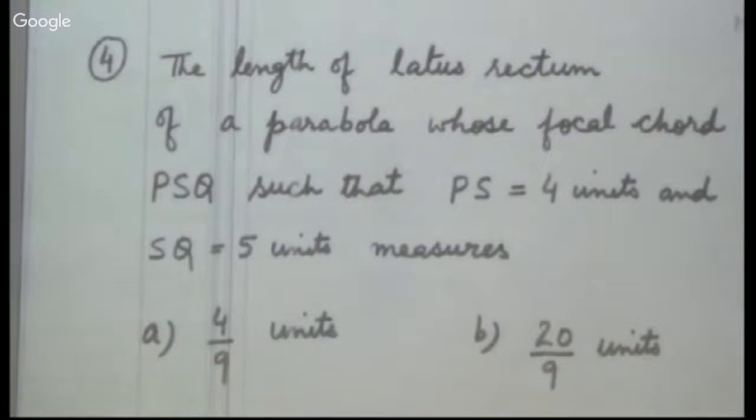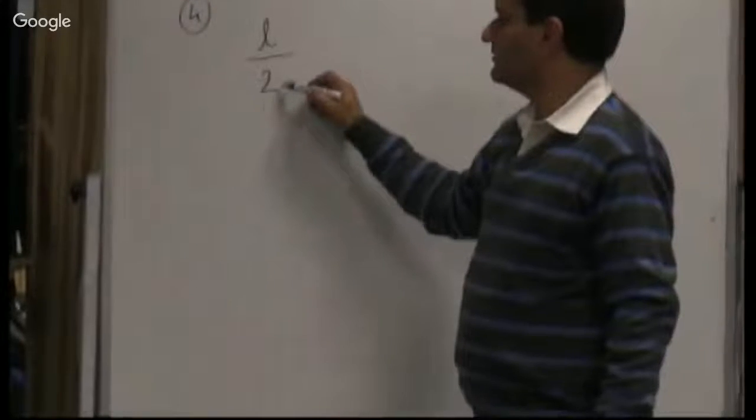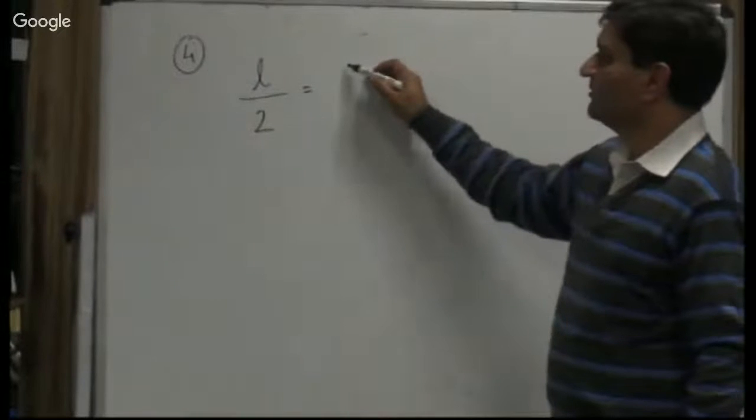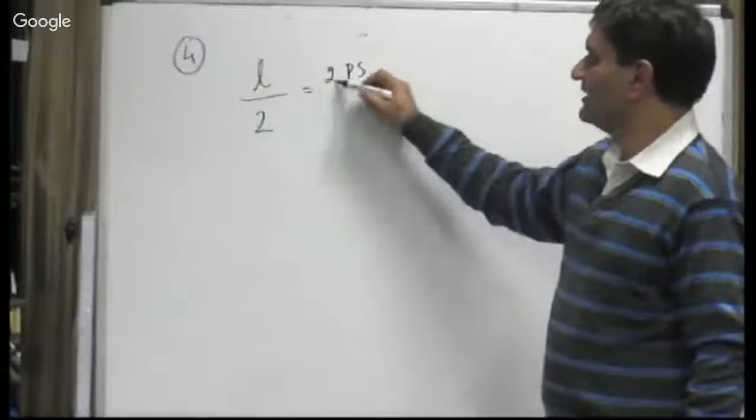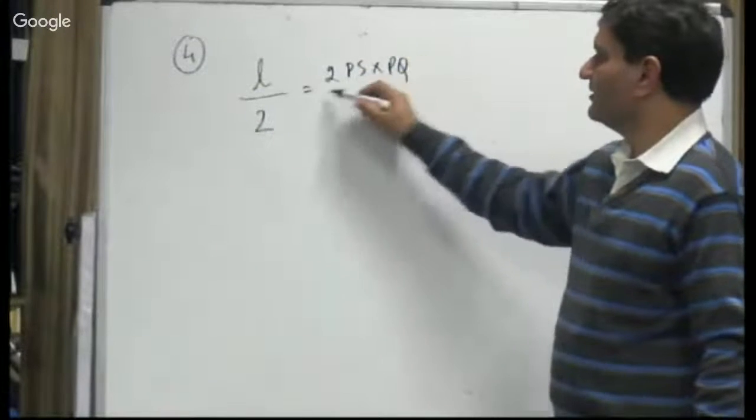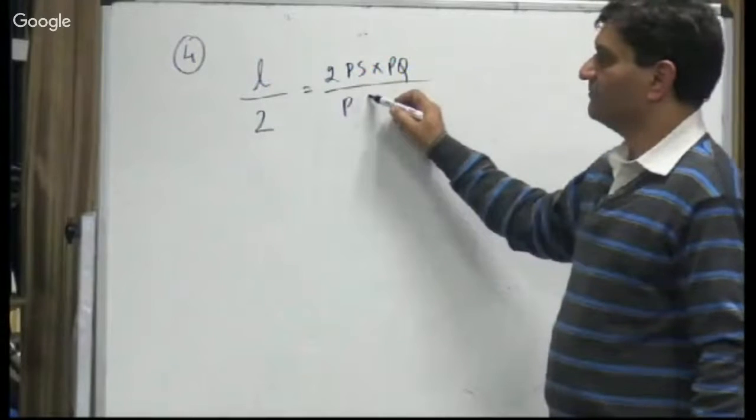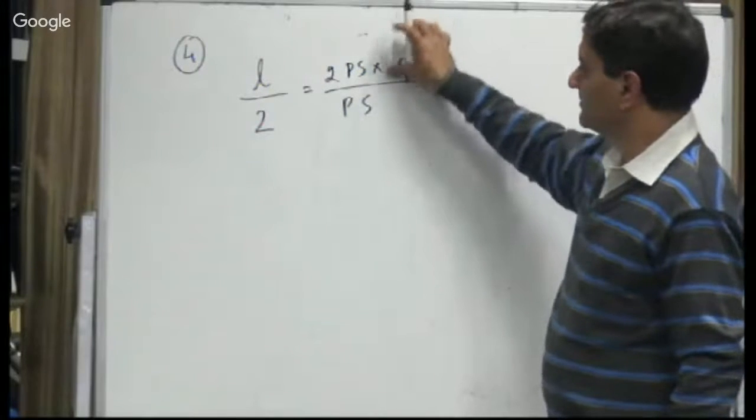All of you have done this? I explained how to find the semi-latus rectum. So the semi-latus rectum is L by 2, where L is the length of the latus rectum. It will be equal to 2 PS multiplied by SQ divided by PS plus SQ.